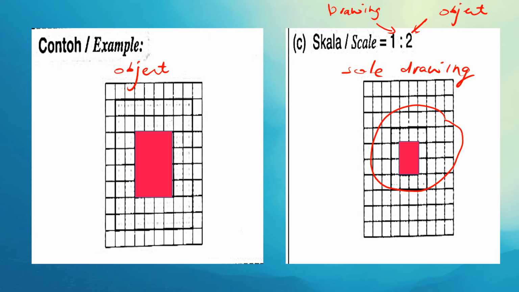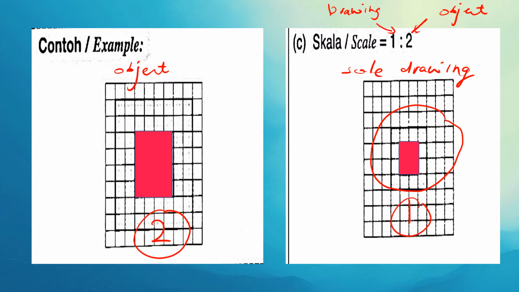So the object is 2, and the drawing is 1. As you can see, the object is twice bigger than the drawing. So you have to make it smaller for the drawing.